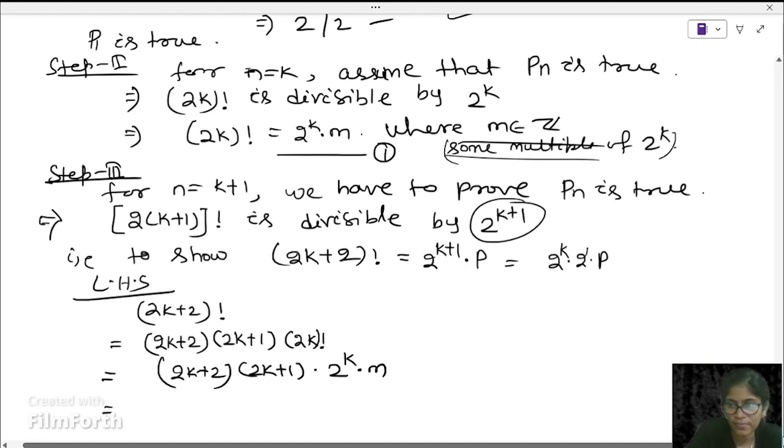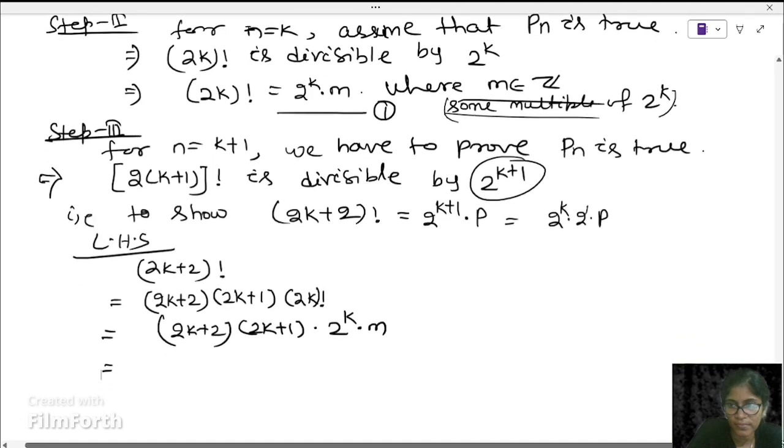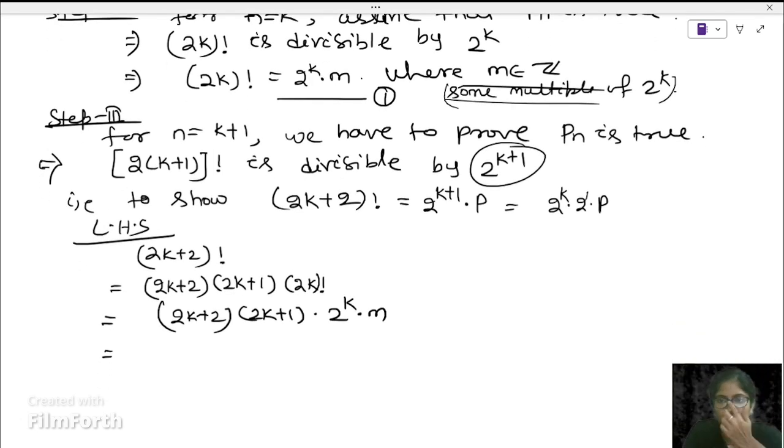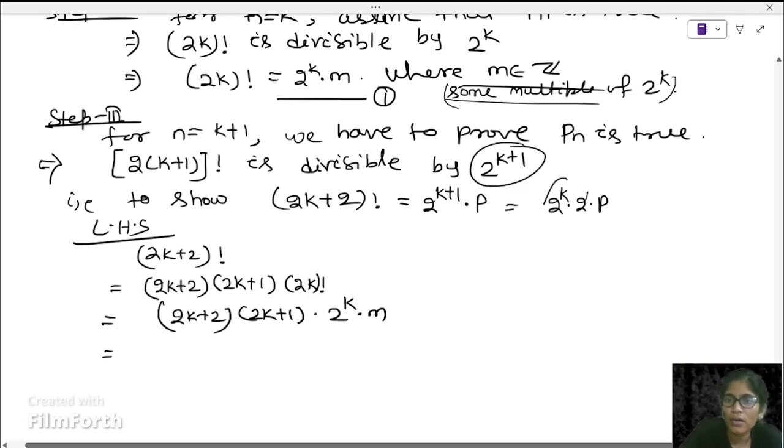Now here we got 2 to the power k and 2 to the power k.